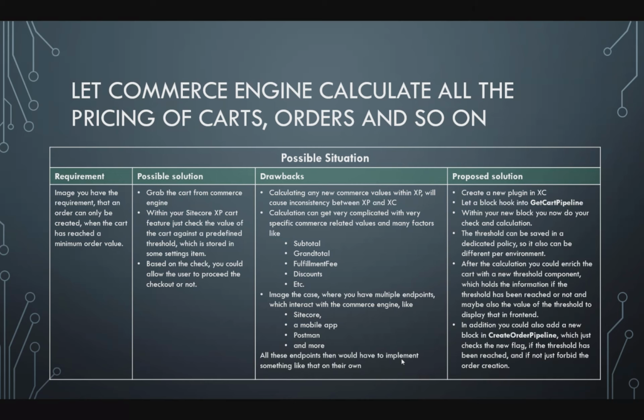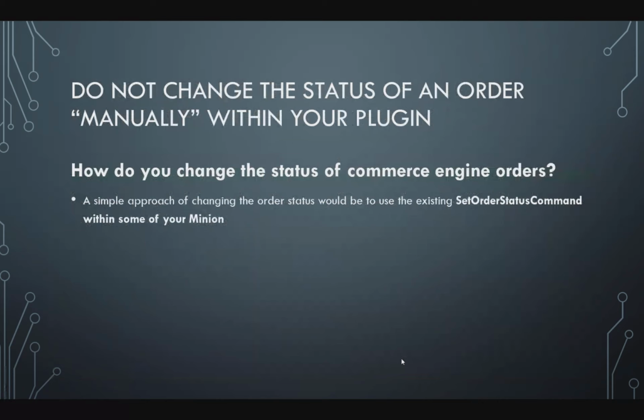So the second point with responsibility would be: do not change the status of an order manually within your plugin. For that, I would like to tell you how you could easily change an order status. There is some kind of command which you can consume, the set order status command.